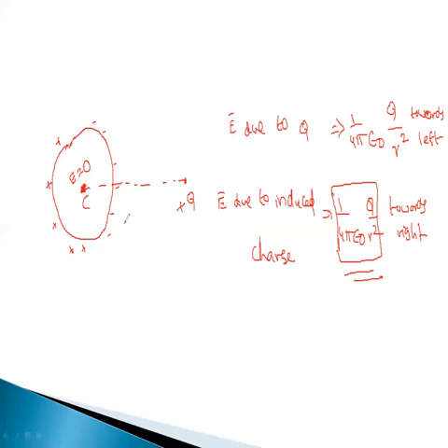So first we have taken the electric field due to the outer charge plus q, and the electric field due to induced charge will be equal and opposite to that electric field. That means the charge is induced on the sphere in such a way that the total electric field at the center will be equal to 0. Okay, so this is the solution for the first question.